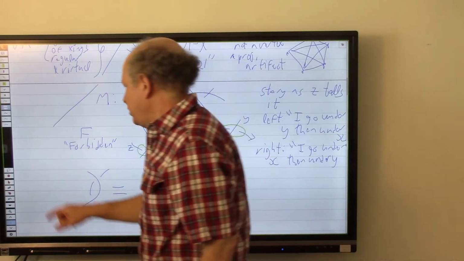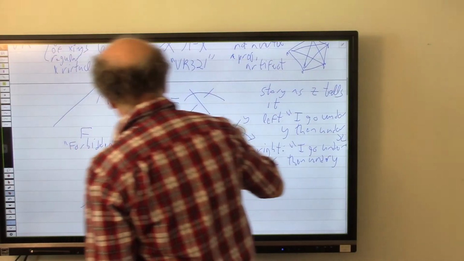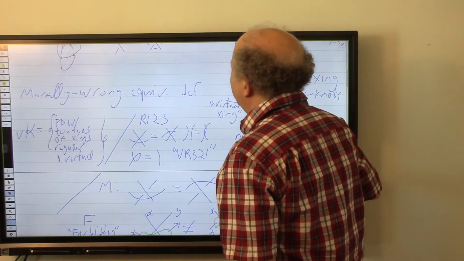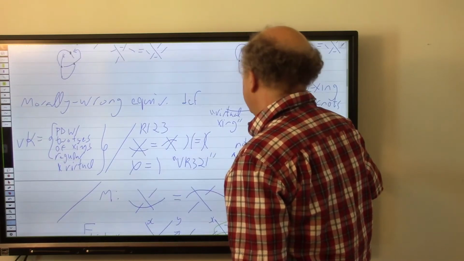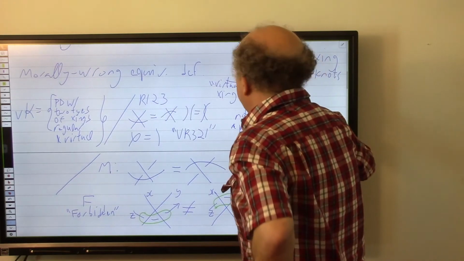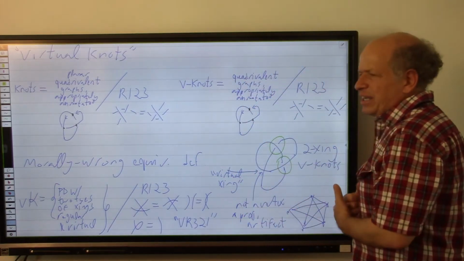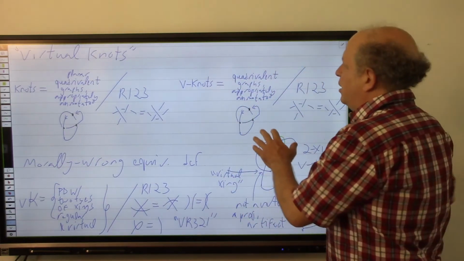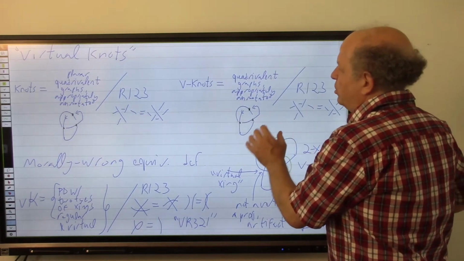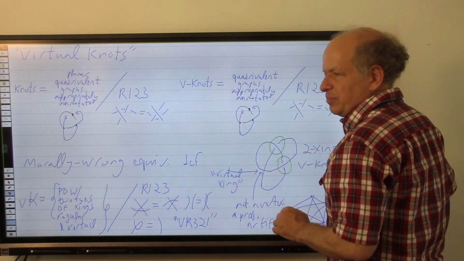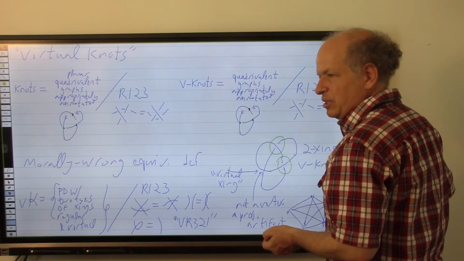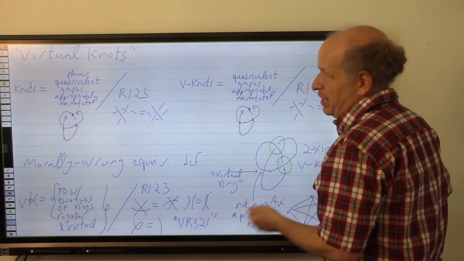Okay? Anyway, why should we care? Maybe it's not really why should we care. I want to say many knot invariants, their definition has nothing to do with planarity.